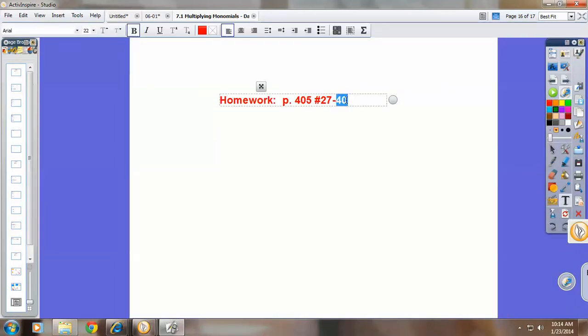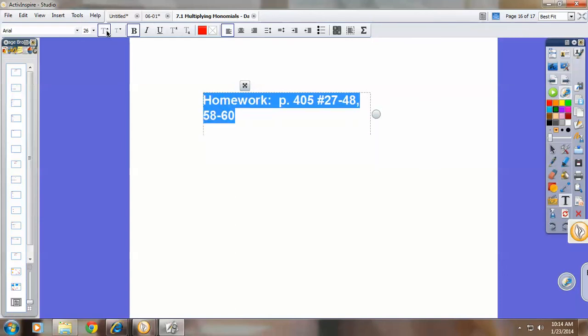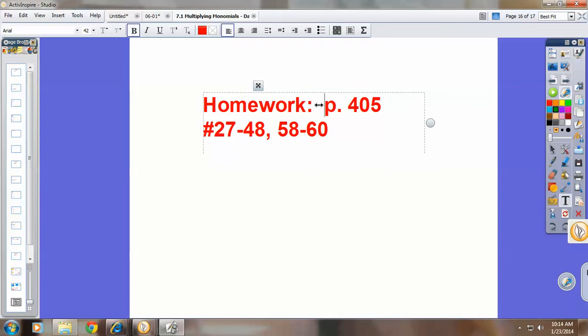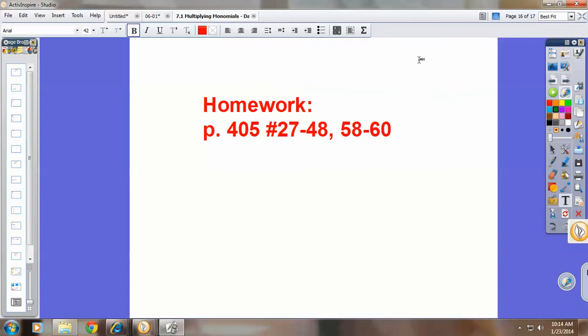We're going to do 27 through 48 and 58 through 60. Page 405, 27 through 48, and 58 through 60.